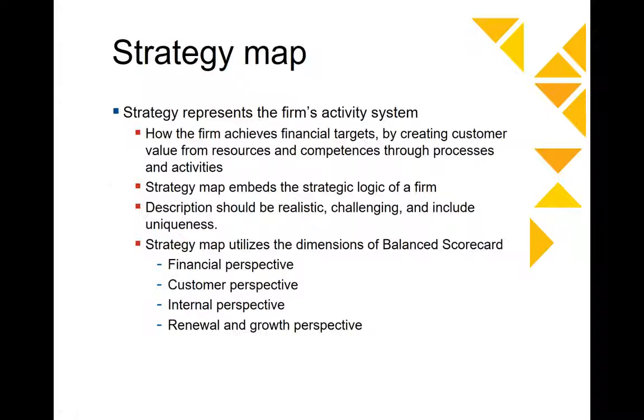And of course, the strategy map utilizes the logic of the balanced scorecard. Four dimensions: finance, financial measures, financial targets, customer value, internal processes, renewal and growth, which I tend to use as resources and competencies, but aligned.